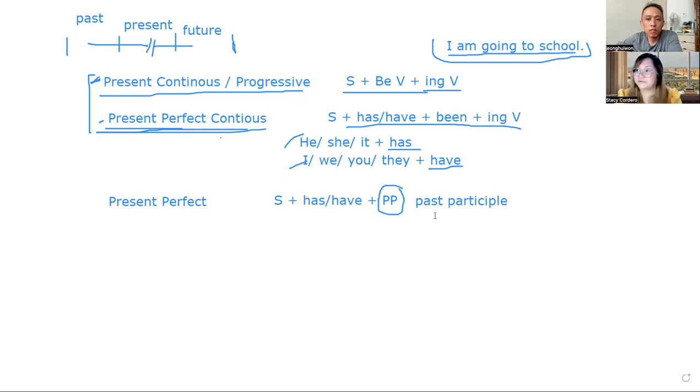I know you might have forgotten this already, but past participle is, for example, eat, ate, eaten. So this is the base form. This is the past form of the verb. Eaten is the past participle form of the verb. Right? Do we remember now what is past participle?